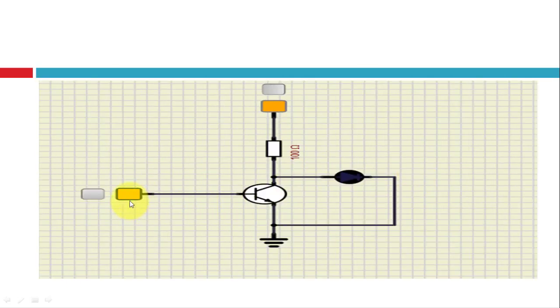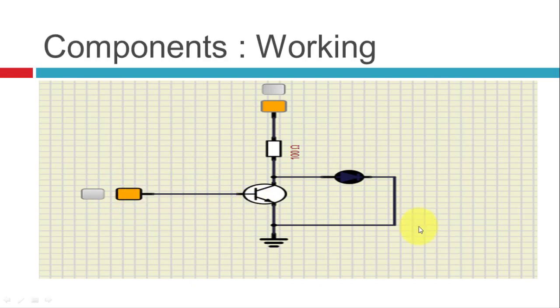Then suppose we turn on the base power supply, whatever input we are giving to the base, say at 5 volt. Because the base power supply is on, the transistor goes into saturation. Saturation means that this transistor is working as a closed switch.